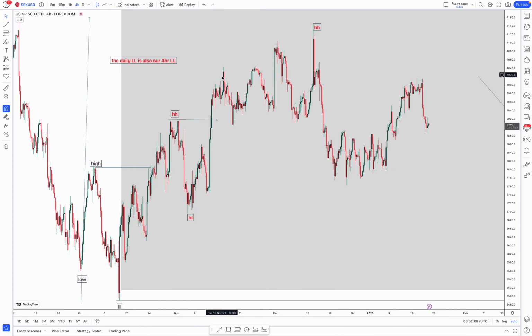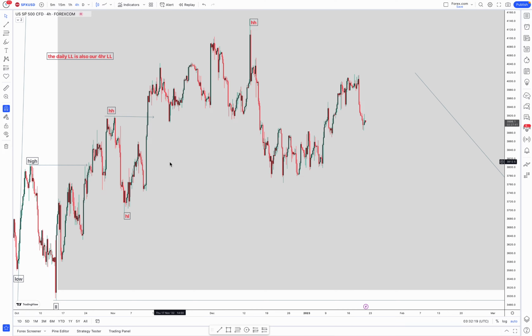So for the grand scheme of things right now, the most significant structural level on the 4-hour is this higher low. Once the market starts coming down in this direction and goes below this higher low, we can definitely say, okay, some level of lower low has been created.